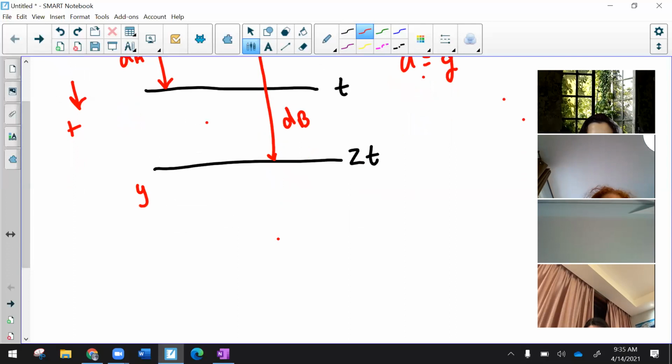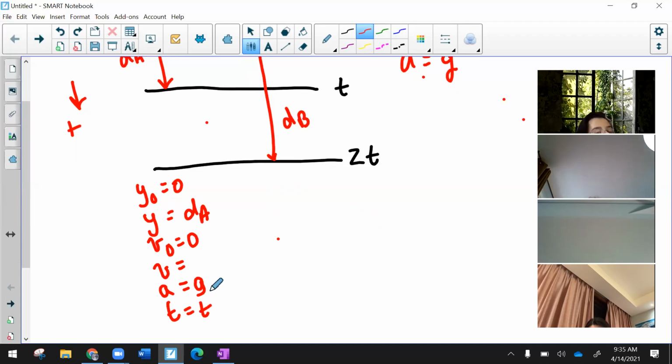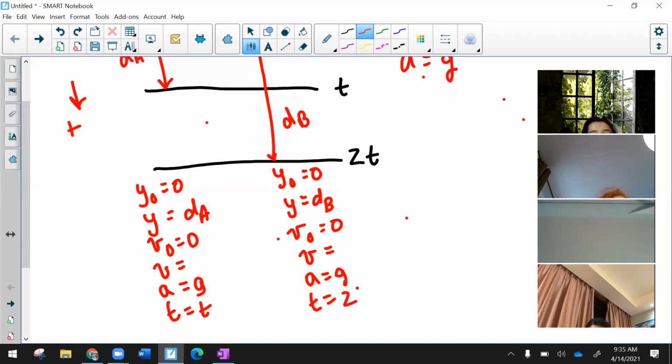So that means that y0 is 0, y is dA, v0 is 0, I don't know what v is, a is g, and t is t. And for object B, I have y0 is 0, y is dB, v0 is 0, I don't know what v is, a is g, and t is 2t.